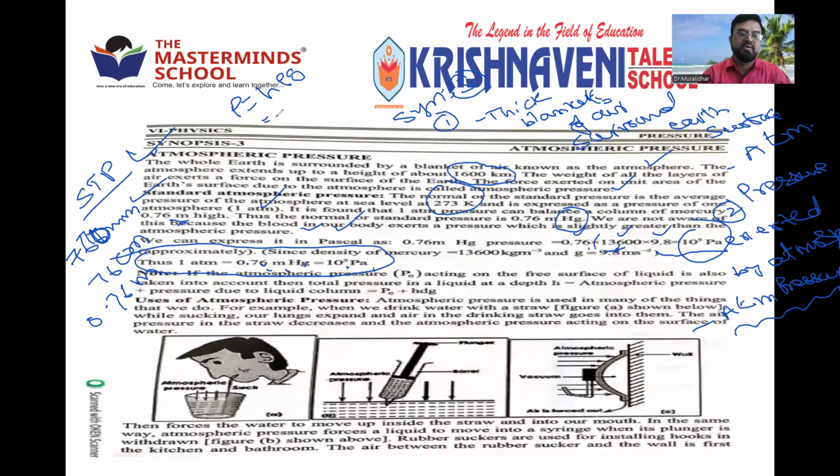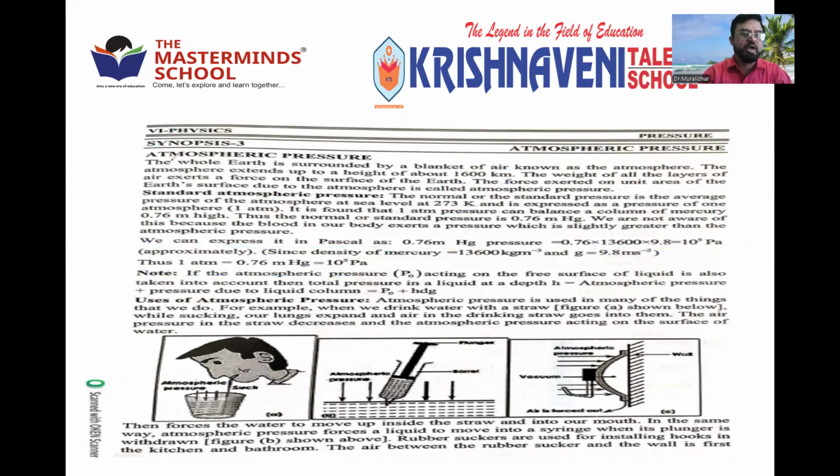H is the given height, 0.76 meters, density is 13,600 kg per meter cube, and g is 9.8 meter per second square. Multiplying this, we get 10 to the power of 5 Pascal, which is one atmospheric pressure. Right? Okay? Very, very important. Thus one atmosphere is 10 to the power of 5 Pascal.